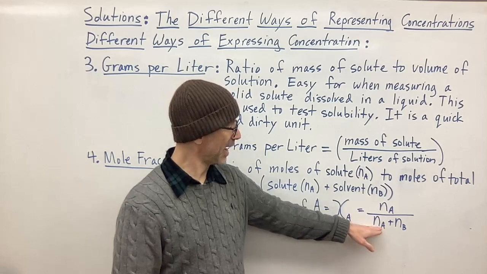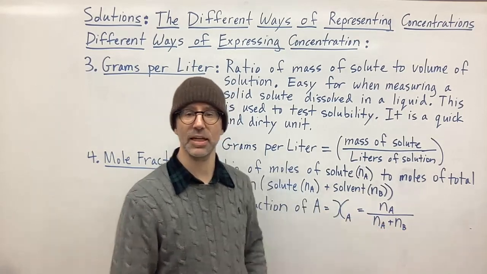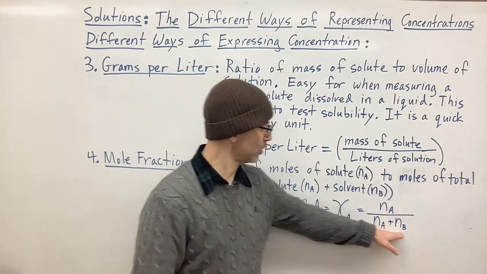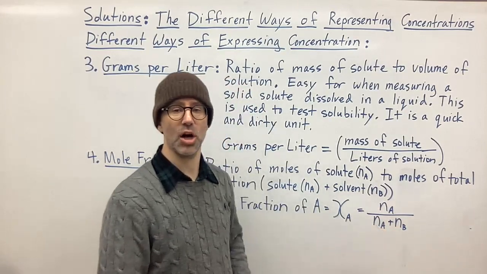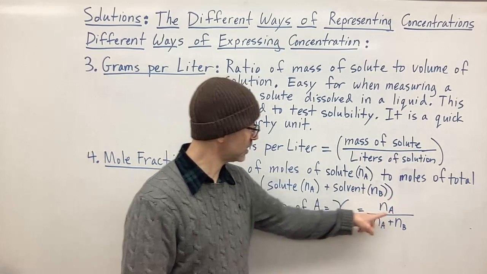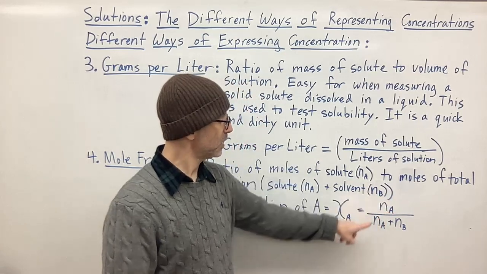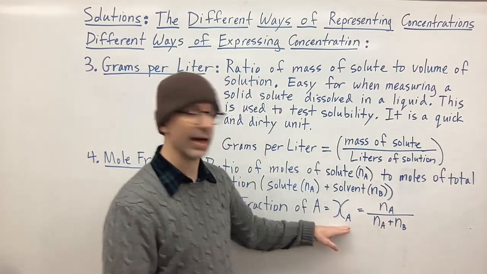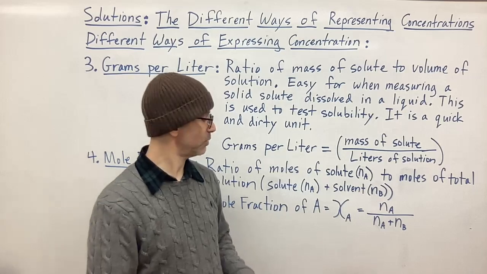So this could be n_A plus n_B plus n_C and so on. So as long as you know what the total moles in the mixture are, you can get your mole fraction. So it's the moles of the substance you're interested in divided by the total number of moles, and that gives you the mole fraction of that substance.